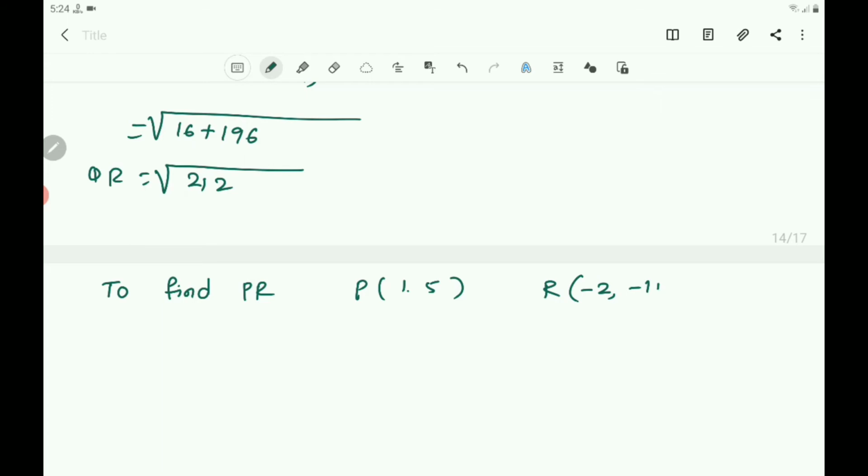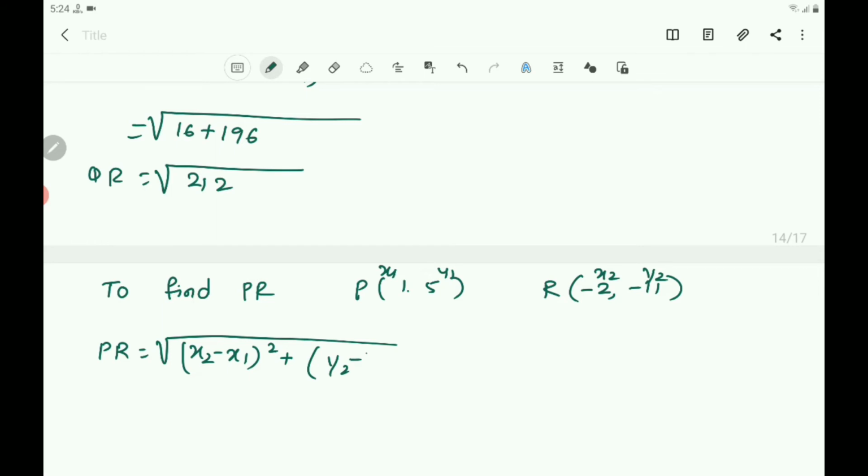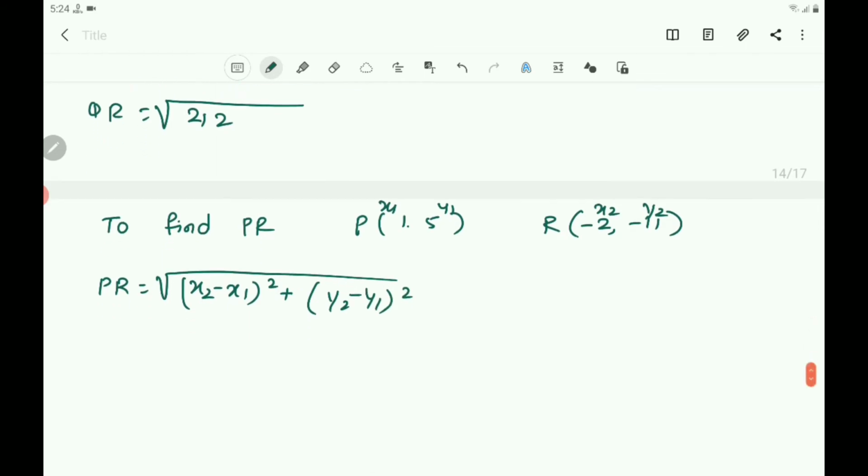Minus 2 minus 11. Then find the distance between P and R, that is PR equals whole root, this is x1, y1, x2, y2. Write the formula, x2 minus x1 whole square plus y2 minus y1 whole square.